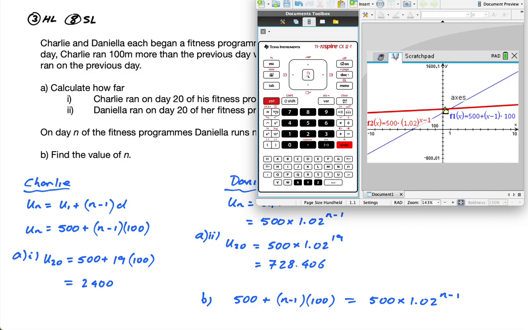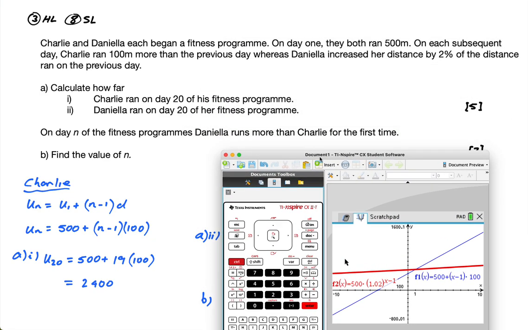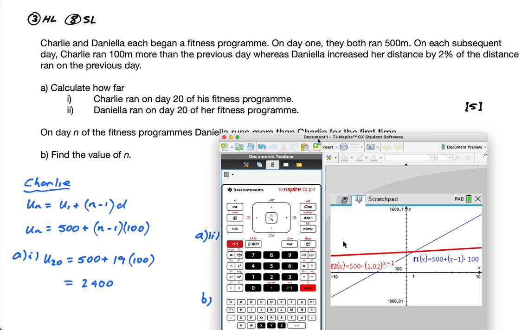Okay, now you'll see, hang on, that can't be perfectly right. Okay, yeah, sorry. They do actually, yeah, because at day 1, they're the same. So 1 is the first day, and they're both at 500. It says on day n of the fitness program, Daniela runs more than Charlie for the first time.